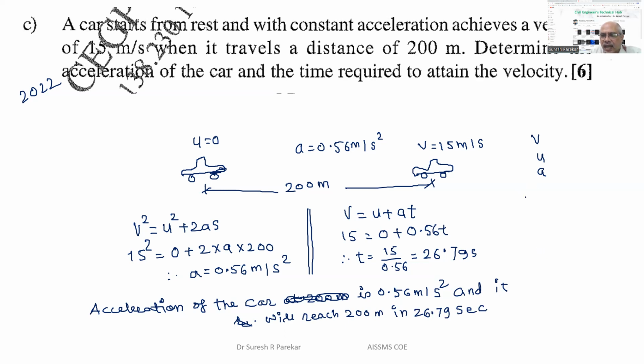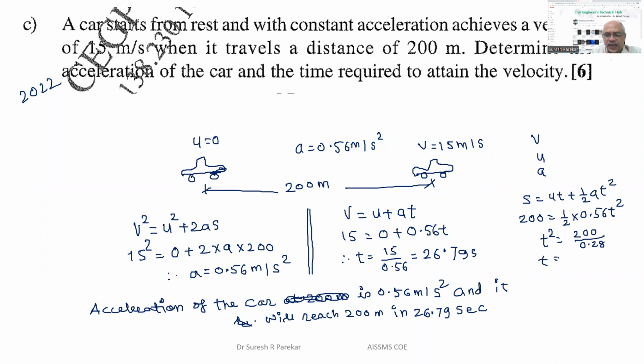If you use s, you can also use s equal to ut plus half at square. s we have 200, u is 0, so this term becomes 0, half into 0.56 into t square. And you can see t square equal to 200 divided by 0.28.